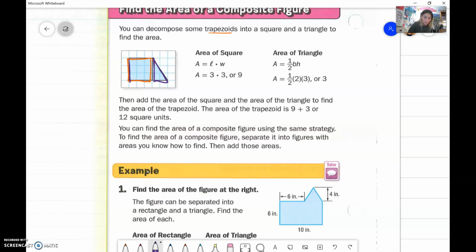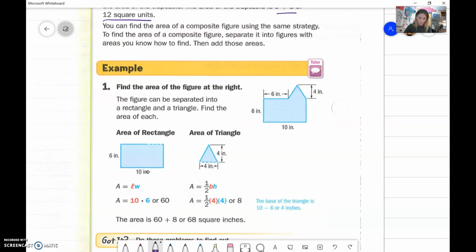So we could do our length times our width, which is 3 and 3, because 1, 2, 3, that gives me an area of 9. You notice that the base here is 2 and the height is 3, so 1/2 of 6 is 3, so the area of this would be 3. So the total altogether would be 12 square units. Okay, that's if we wanted to break it down.